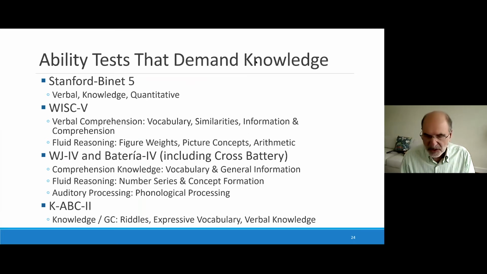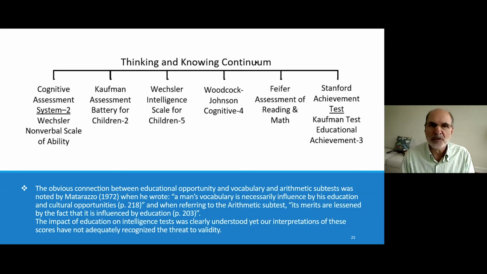As I've already said to you, I think a good ability test has to measure thinking, not confounded by what a person knows. I actually developed this little thinking and knowing continuum to put this in perspective. On the right-hand side, you see the Stanford Achievement Test, any achievement test. They're designed to measure what a person knows. That's a good thing.